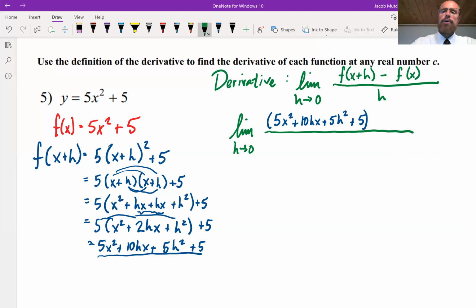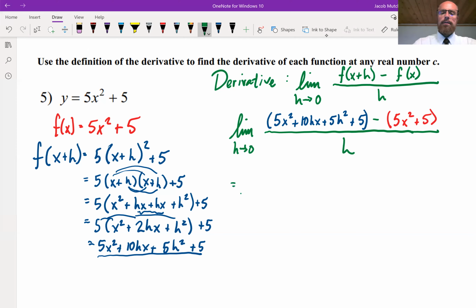And then I'm going to subtract from that the original, 5x squared plus 5. And I'll put in the denominator just h.